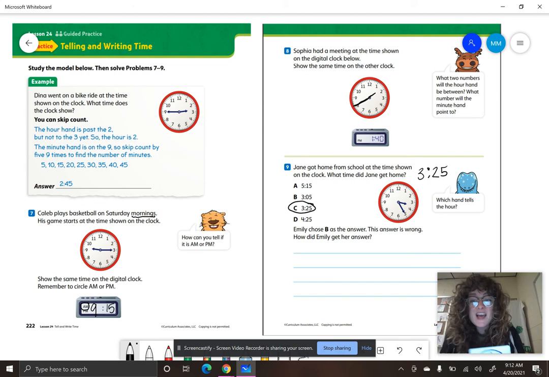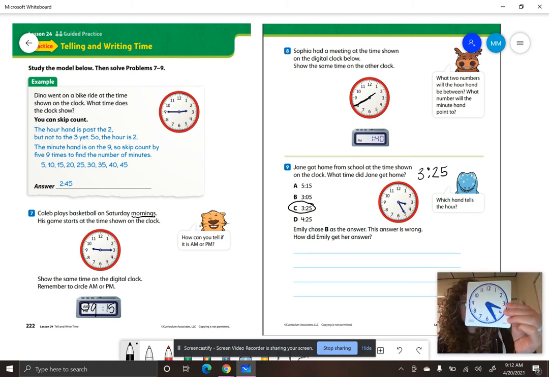So Smarties, these numbers, if it's the minute hand that is touching it, those are groups of 5. So when we had our minute hand on the 5, that's not 3:05. That's that group of 5. So 5 groups of 5 would be 25.